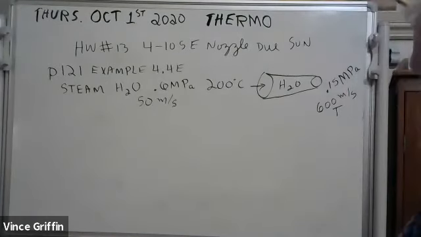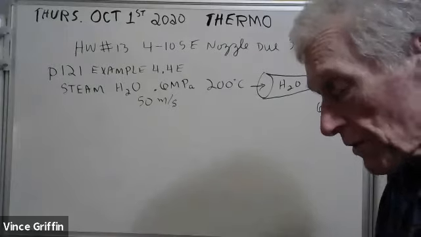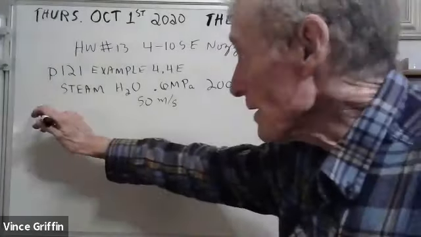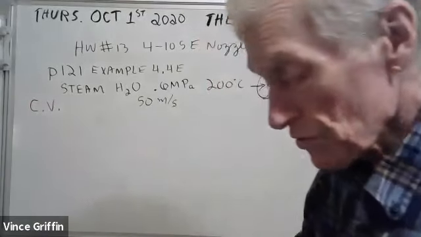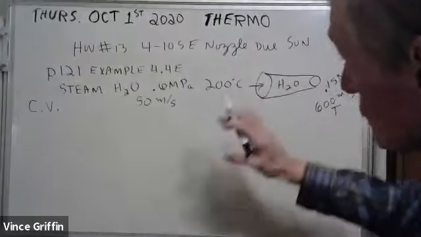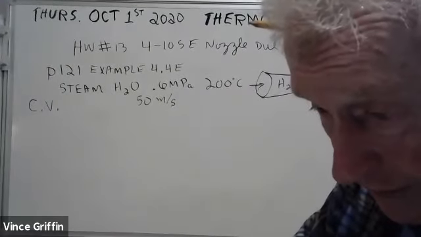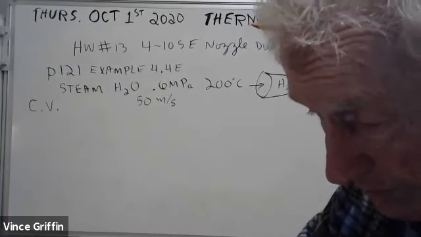Okay. Well, let's start by reviewing our first law of thermodynamics for control volumes. The way it works is if you have a control volume, which is what a nozzle is, it has mass going in and mass going out. So it's a control volume.